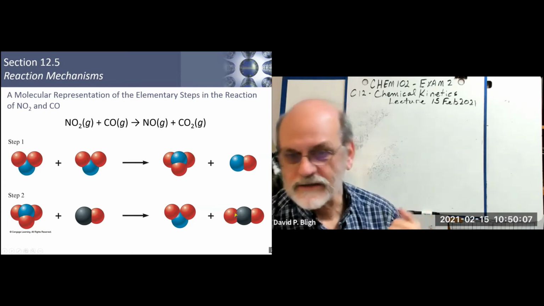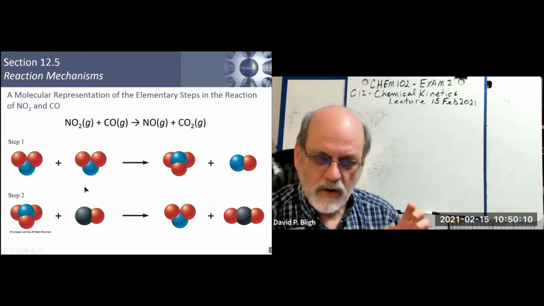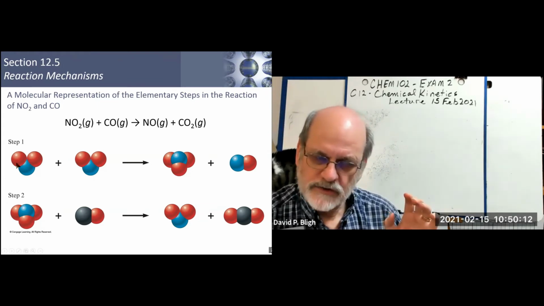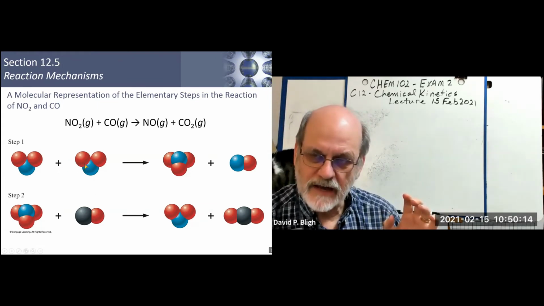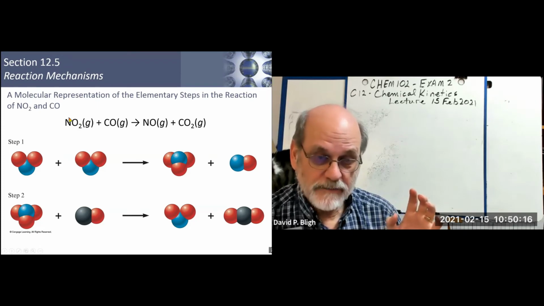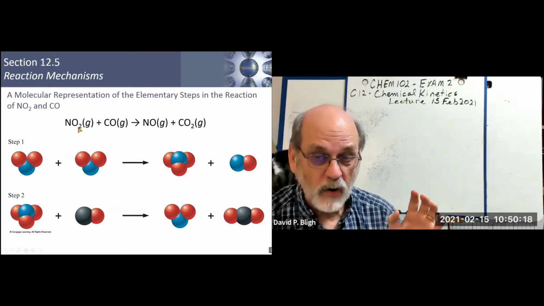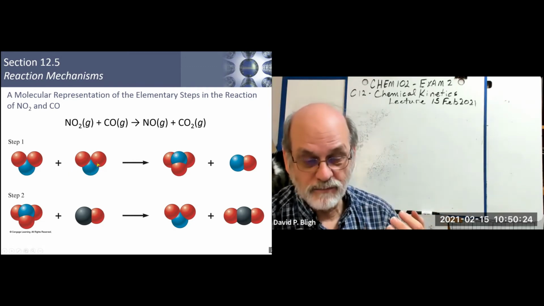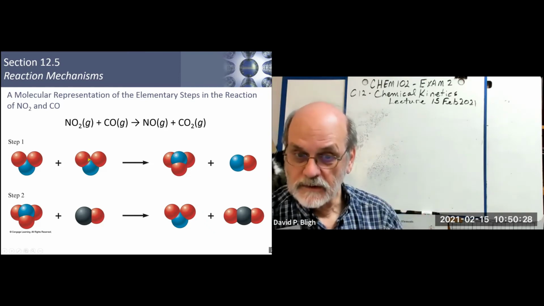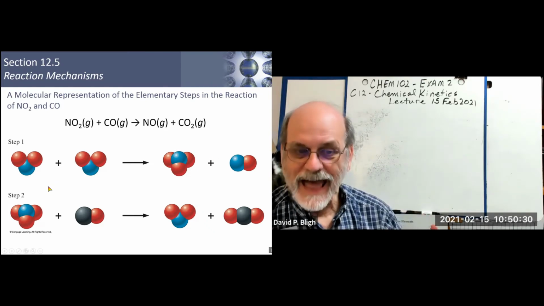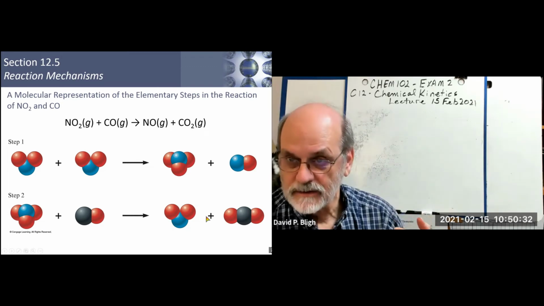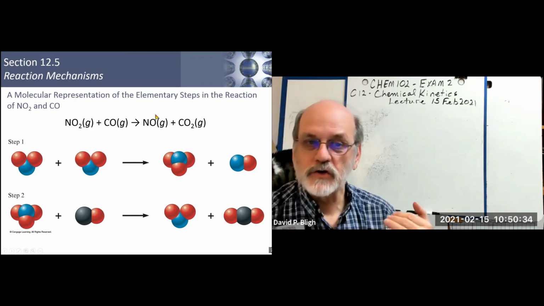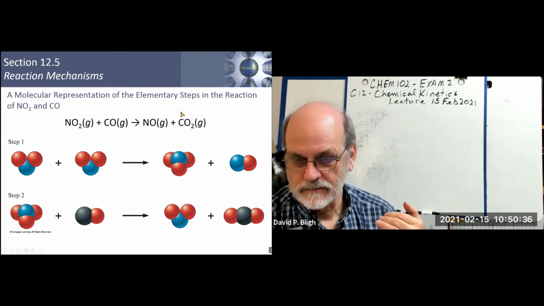Okay, so let's look at that reaction and say, okay, we started off with 2 nitrogen dioxides. So if the balanced equation only has 1 mole going in, right, and we have 2 moles in this step, we've got to get that one out of there somehow. And that's what we do. If you take this step and add it together with this step, you should get the overall reaction.